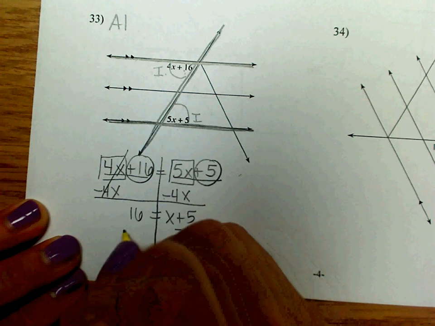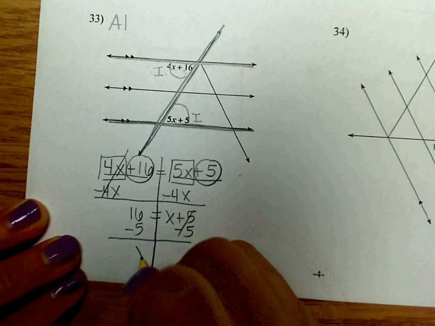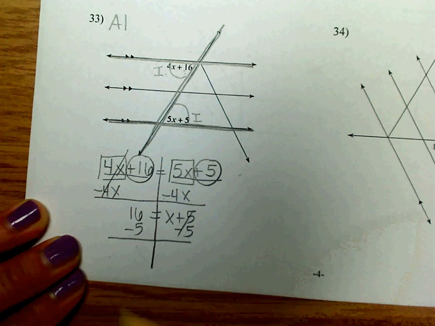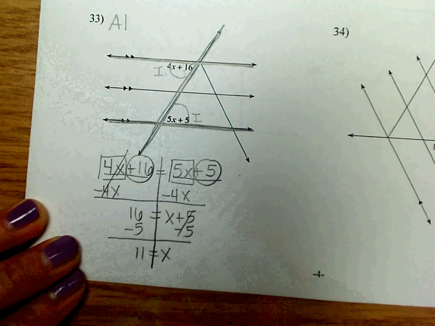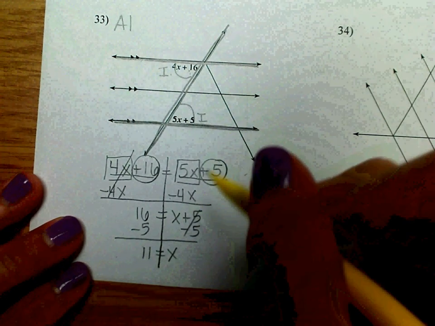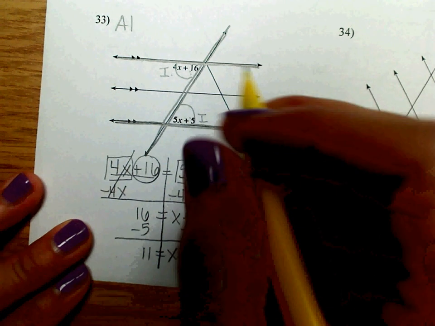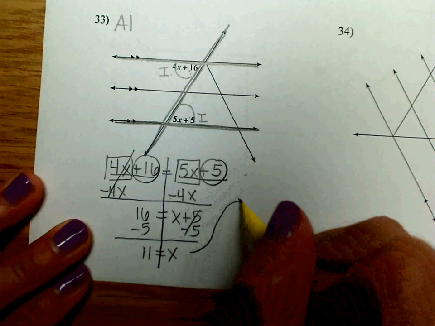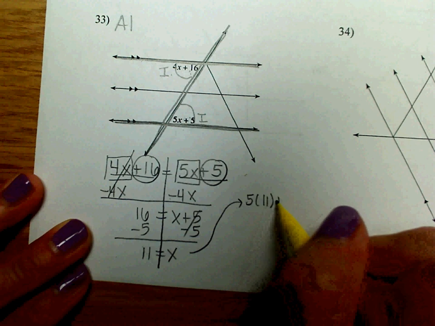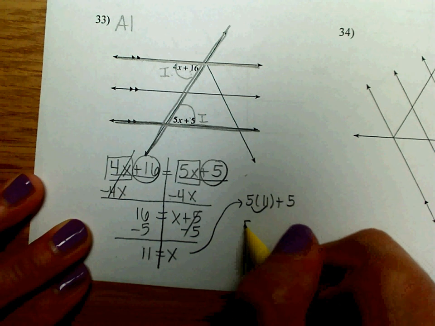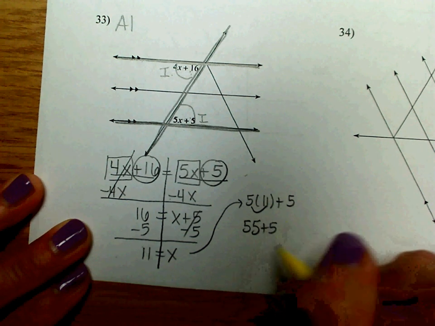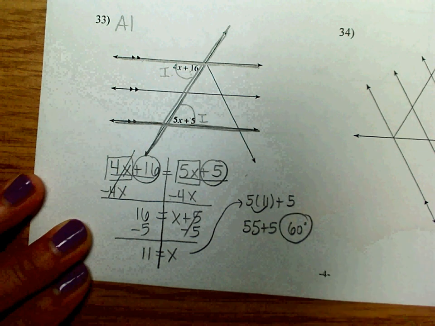So 11 equals x. All right, but we're not done. Looks like this is the bold one, so I'm going to put 5 times 11 plus 5. This is 55 plus 5, which is 60 degrees. And let's see if that's right. Yep.